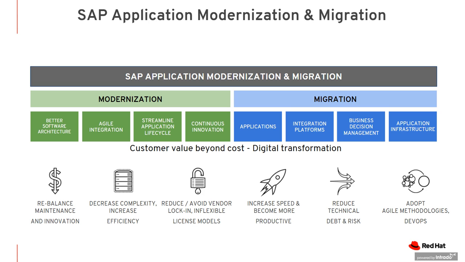We will see more details later today. All the initiatives can support our customers in achieving several benefits. Among the most important, I just want to underline increasing the speed, rebalancing the maintenance and the innovation, and adopting agile methodology and DevOps.